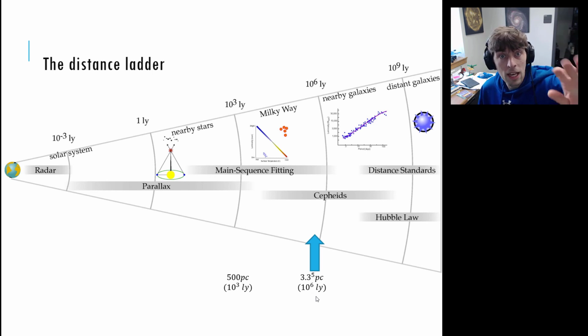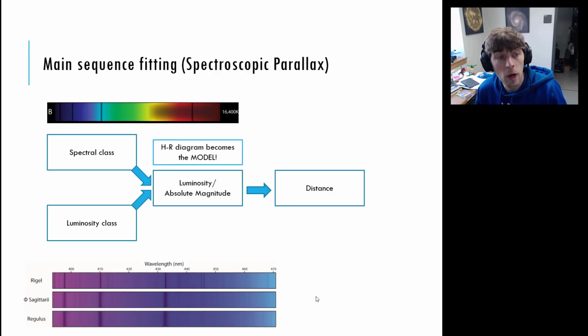If it gets too far away, it will be so dim that we can't even get a reasonable spectra out of it. We can't identify where the absorption lines are. And if we can't identify where the absorption lines are, we can't say what class of star it is. We can't identify its spectral class anymore. And if we can't identify its spectral class, then we can't use this main sequence fitting.